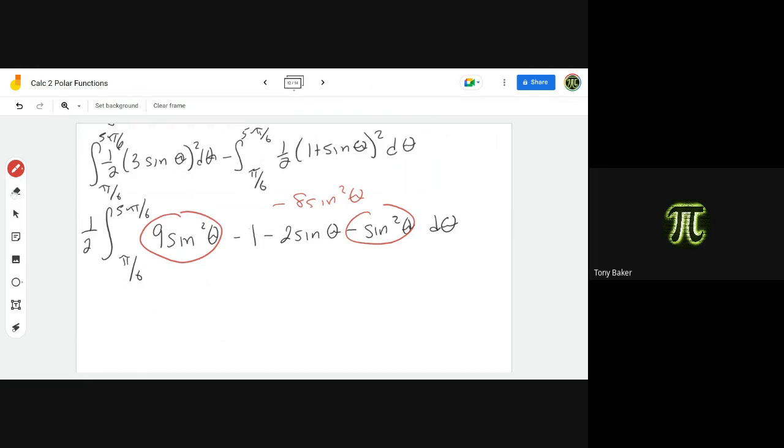Or not negative 8, positive 8. So somehow, again, just like I did with the cosine, I've got to change that sine to something that I can use, right? So sine squared theta is 1/2 times 1 minus cosine 2 theta.